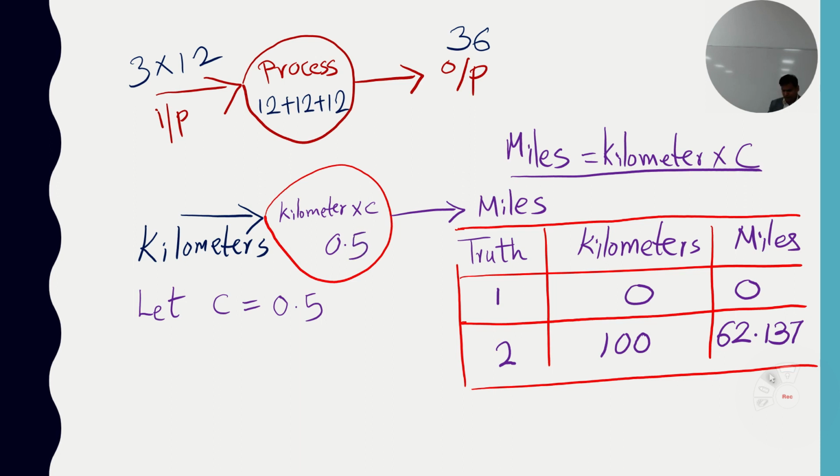So what happens at this moment? You have 100 as your input, and you know that 0.5 is your C value, and your output is going to be 50, right?